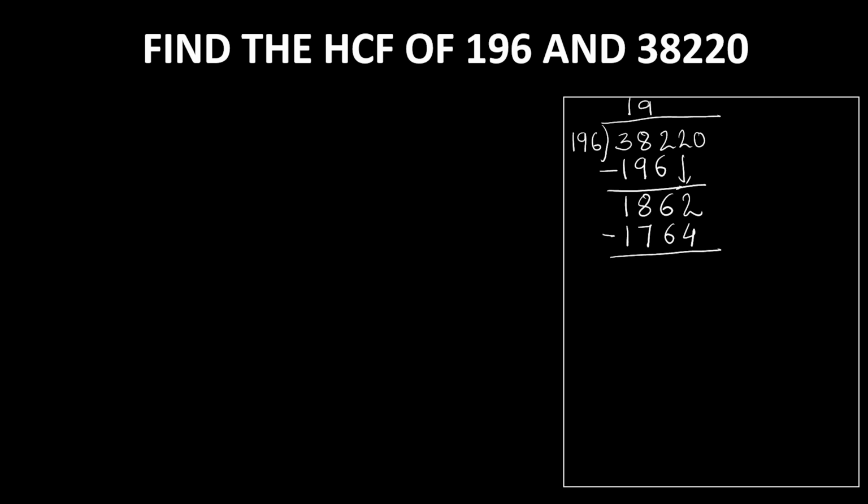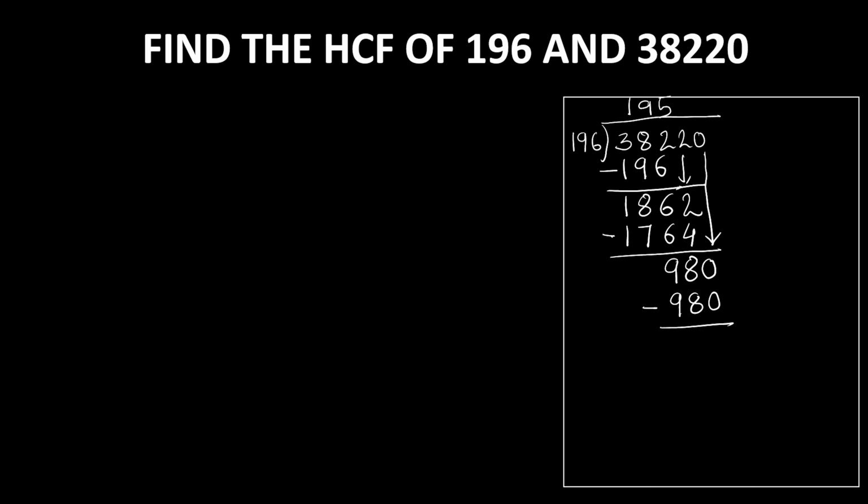Let's subtract now. So if you subtract 1764 from 1862, we'll get a remainder of 98. Now we need to bring the 0 down. So we will have 980 now. Multiplying 196 with 5 will give us a multiple of 196 as 980.